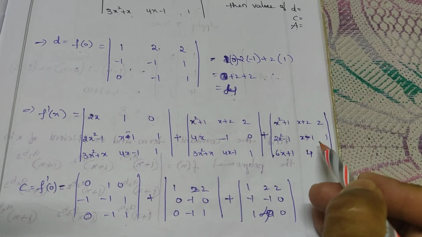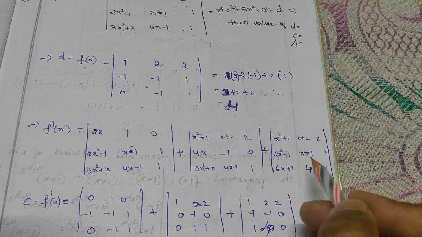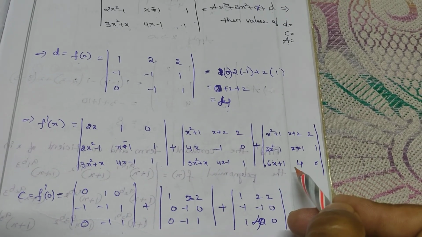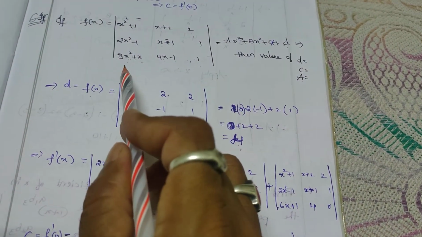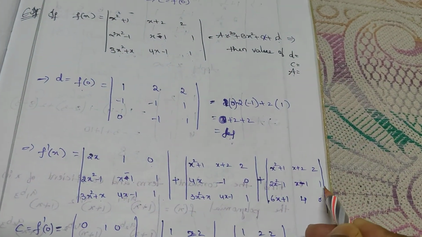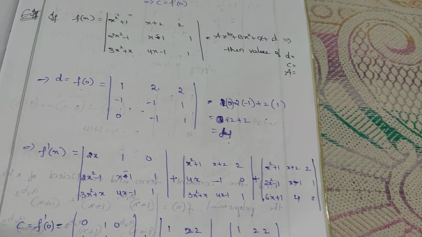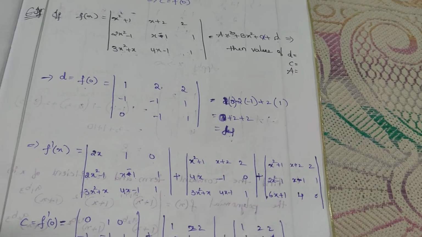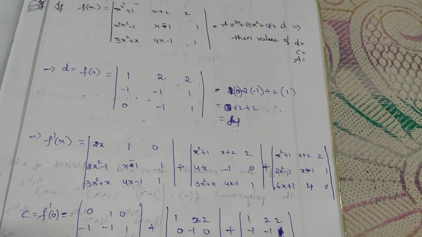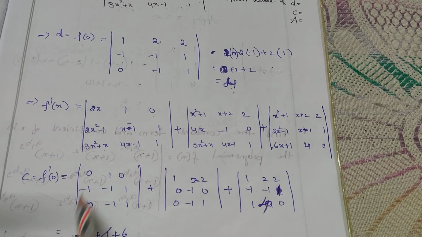Actually here, in the third determinant we have to apply differentiation only for the third row. The second row we should write as it is. So you get here, I think this is also 1. Okay, same as this one. Now come to the point. So this is 4. Okay, now expand this determinant.